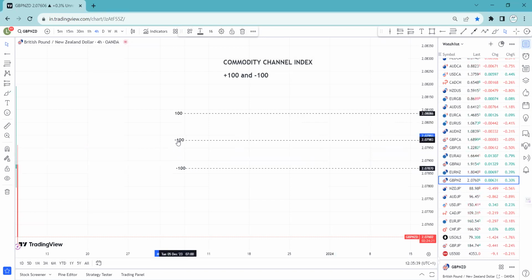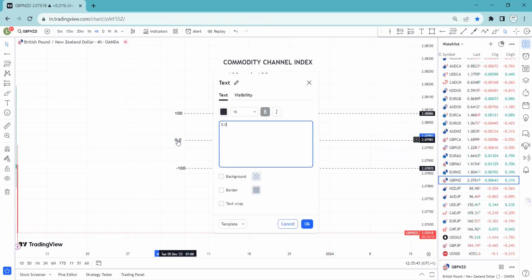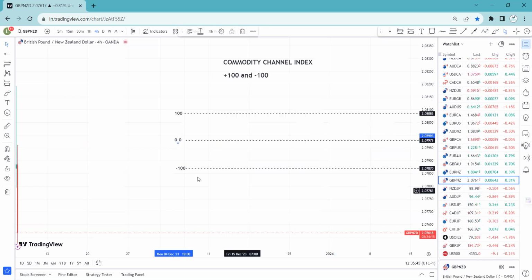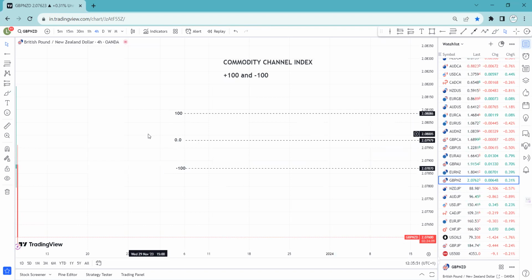So of noteworthy here, we have the zero line, okay? So this is the zero line, and of course, this negative 100, positive 100. So let's continue now, right? I hope you're following.